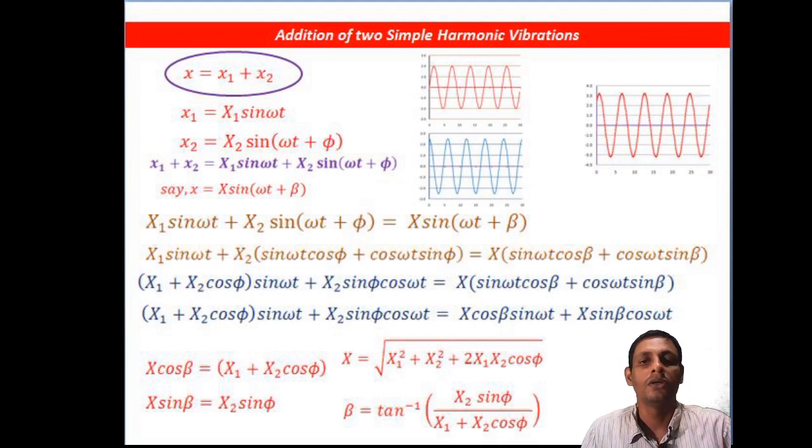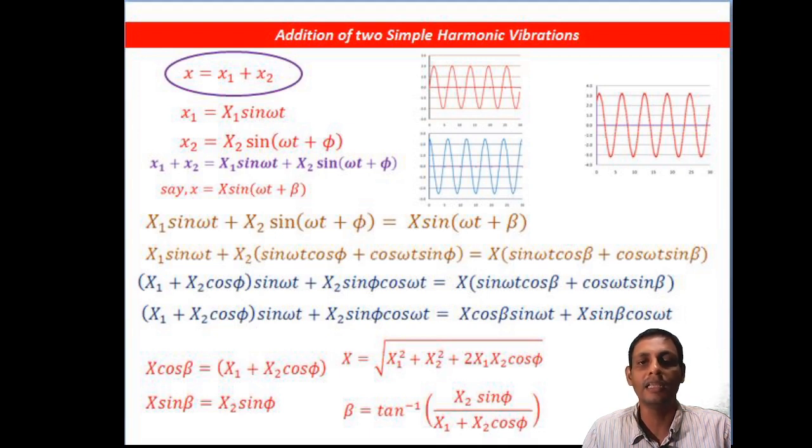Now, rearranging, once again we get X1 sin omega t, the same term, plus X2 into sin(omega t plus phi), which we can expand as sin omega t cos phi plus cos omega t sin phi, equal to X into sin(omega t plus beta), that is sin omega t cos beta plus cos omega t sin beta. So this is the expression we will get.